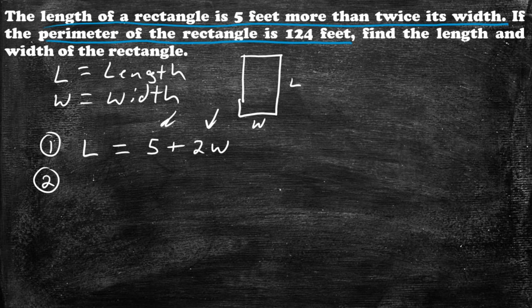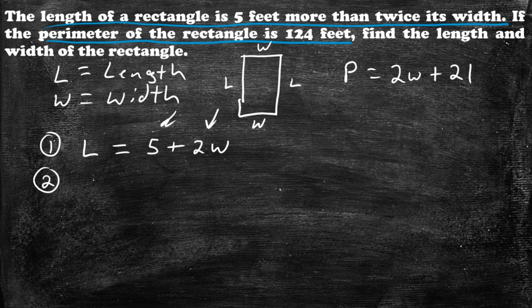So the perimeter of a rectangle is equal to 2w plus 2l. Perimeter is just adding all of the widths and lengths together. If you look at this rectangle that we drew, there's two lengths and two widths.